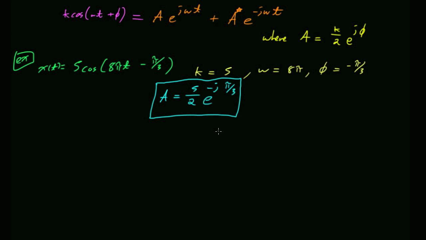Okay, so x of t, we're going to be able to rewrite that as a e to the j 8 pi t plus a conjugate e to the minus j 8 pi t. And we're done.